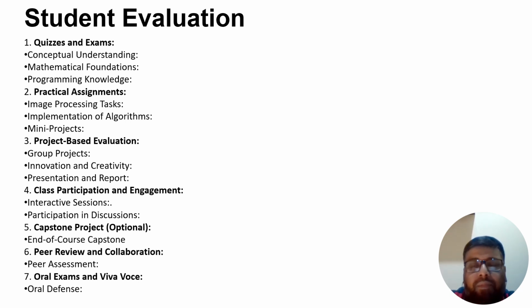Then we have presentations and reports, and class participation and engagement. Then a capstone project at the end of the course, which can be optional. Then peer review and collaboration, and oral exams. So these are some of the seven assessment methods which I can use for the students, which can be changed accordingly.